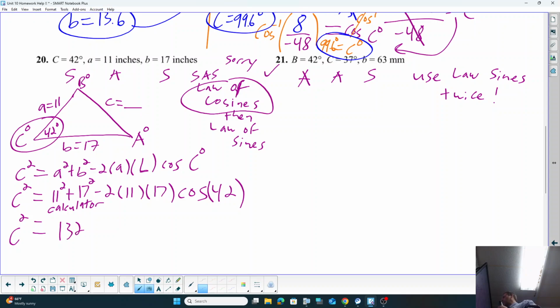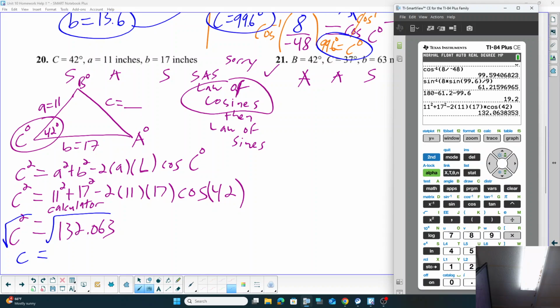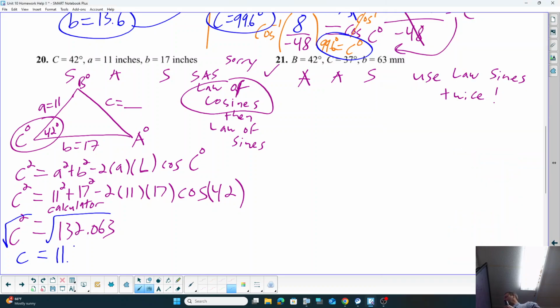Then you have to square root that to get little c, using law of cosines but doing it the easy way, not having to solve for a missing angle or anything. There we go, beautiful: 11.49, which rounds to approximately 11.5.